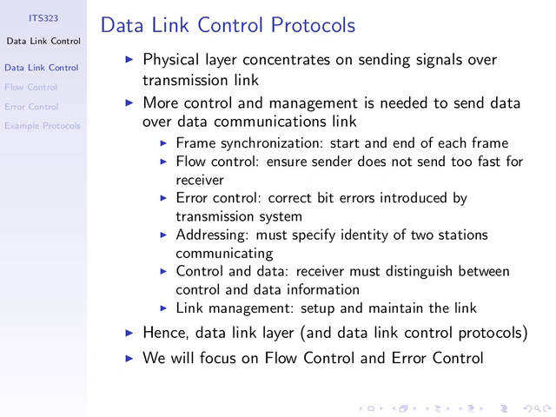So there are a number of features which are important for data link control protocols. They're part of the data link layer. So we sometimes refer to either data link control protocols or simply data link protocols. In this topic, we're going to focus just on two features, flow control and error control, perhaps the two most important features.